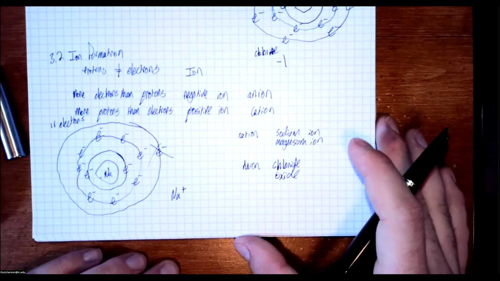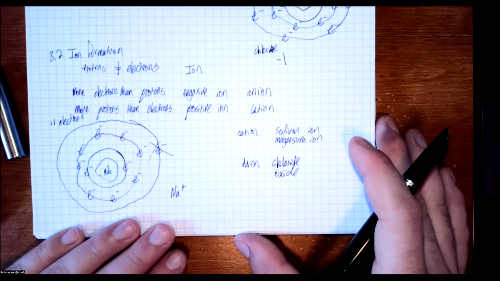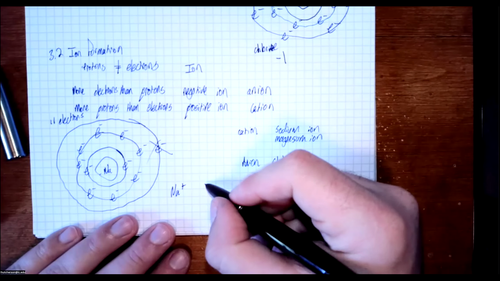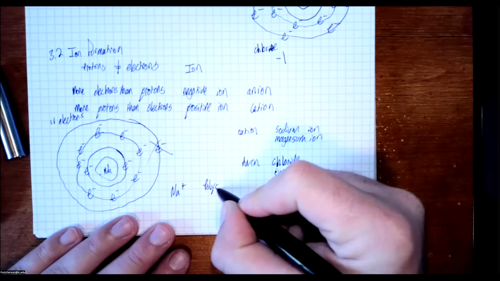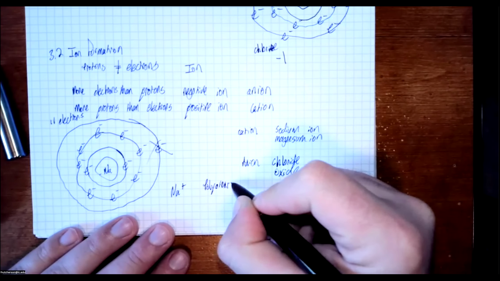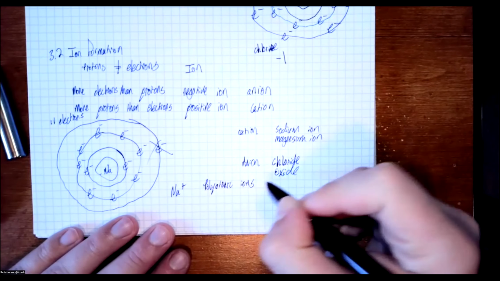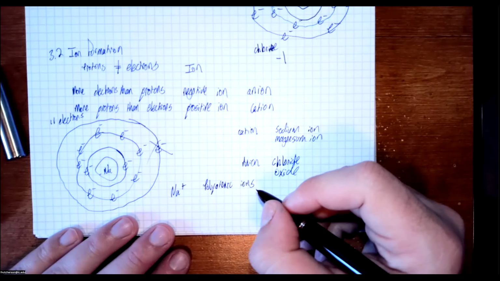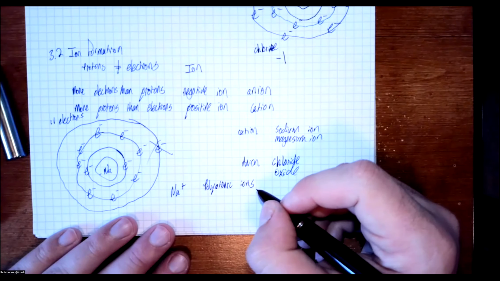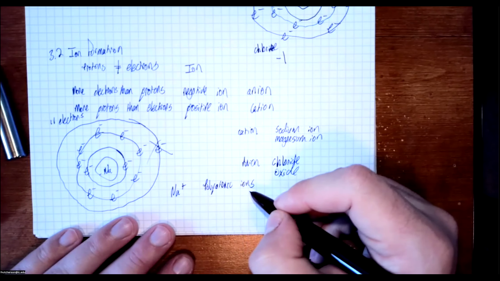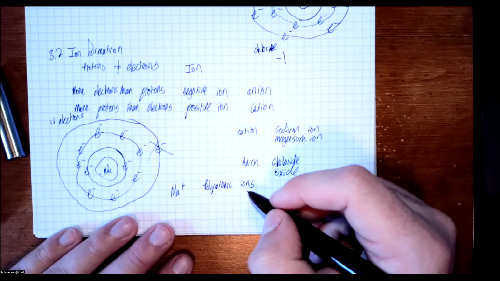Now, we have this group of things that you all will need to know called polyatomic ions. Polyatomic ions are groups of elements that are bonded together, but they function together as an ion. Okay?